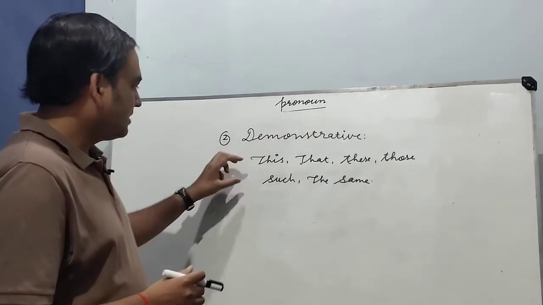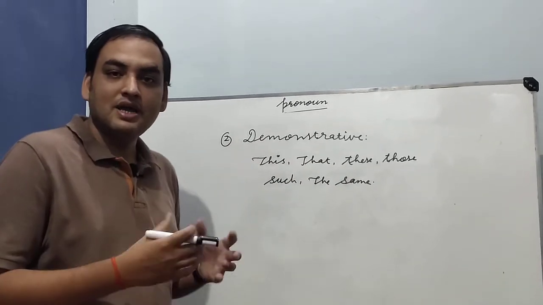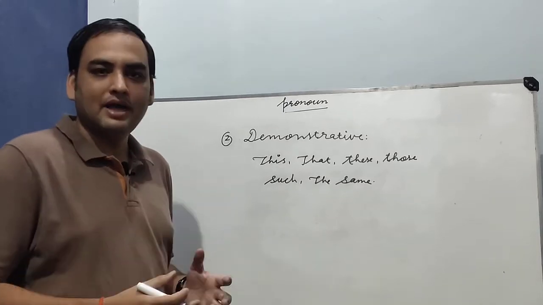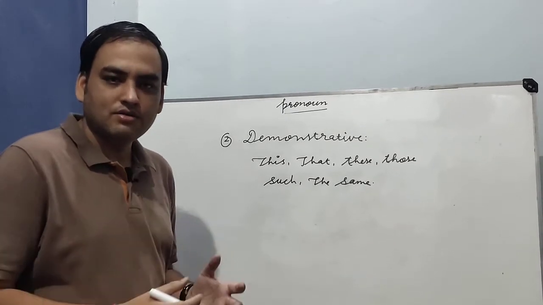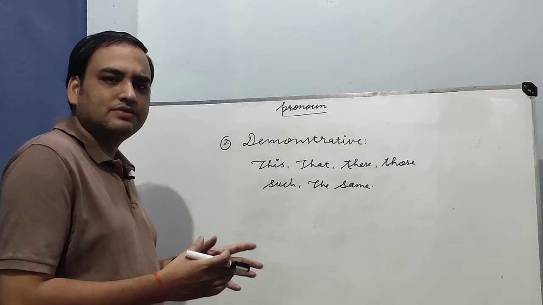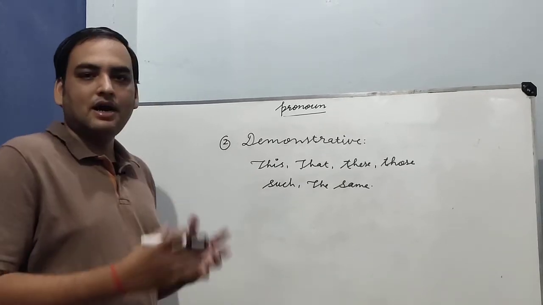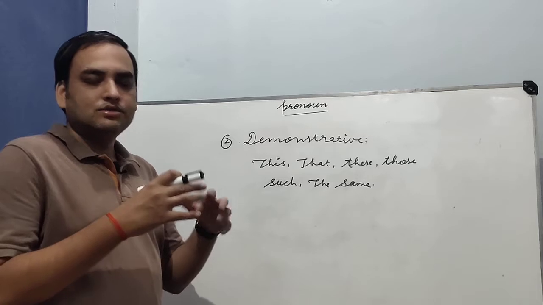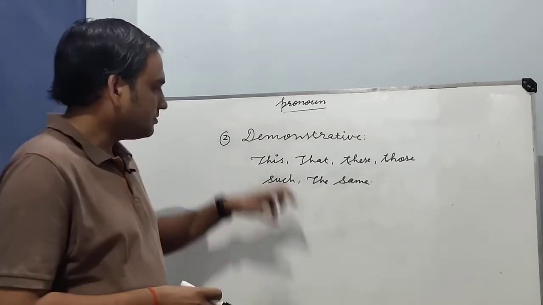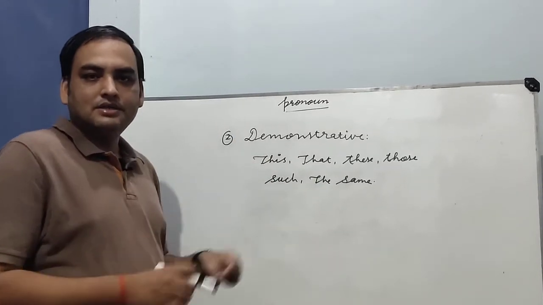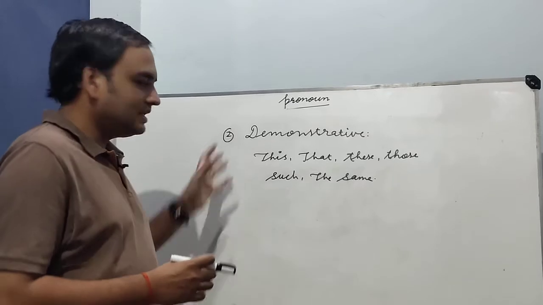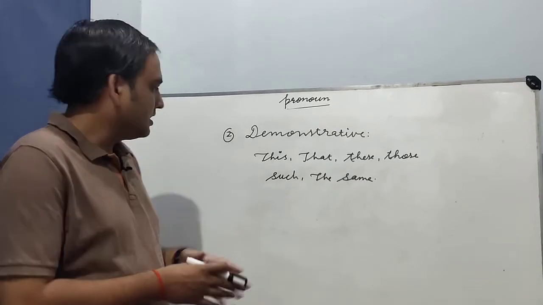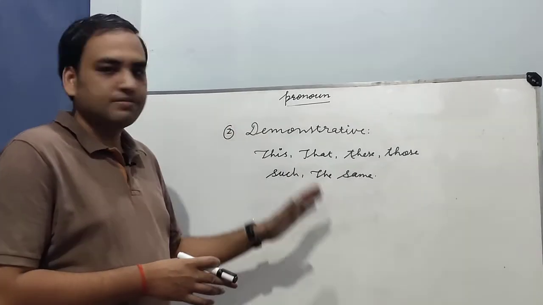Okay, like this is my book, this is my pen, this is your house. Okay, in such sentences we are using this, that is your house, that is your pen. Okay, so these are the sentences in which we are using demonstrative pronoun.